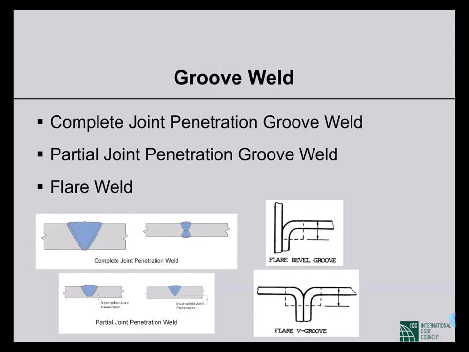And usually we keep some material below the bottom and some material above the top, and then we grind. So that is complete joint penetration. And partial joint penetration is when there is a situation that we cannot go to the bottom of the thickness, so we leave some part of the parent material at the bottom. We don't weld the full extent of the thickness. That's called partial joint penetration weld.